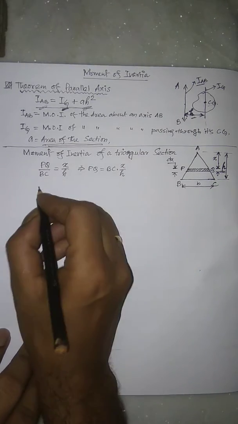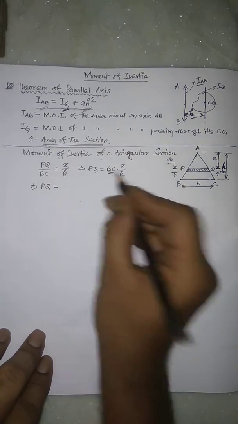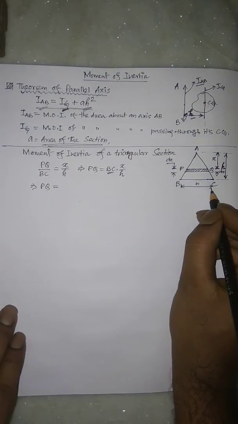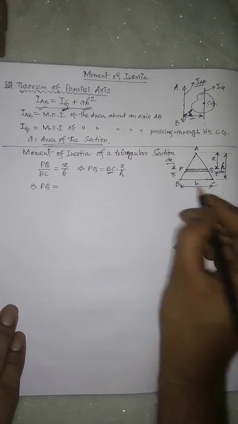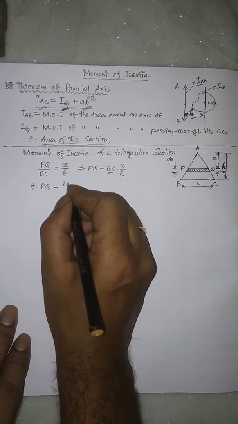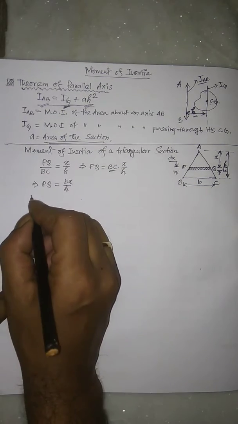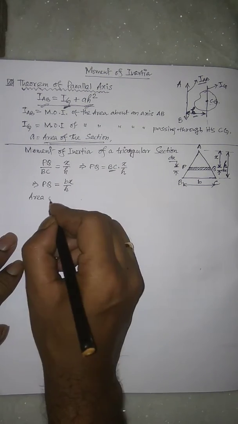BC is the base of the triangle, that is small b, so it can be written as bx by h.